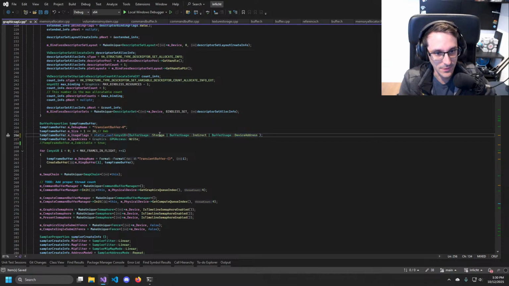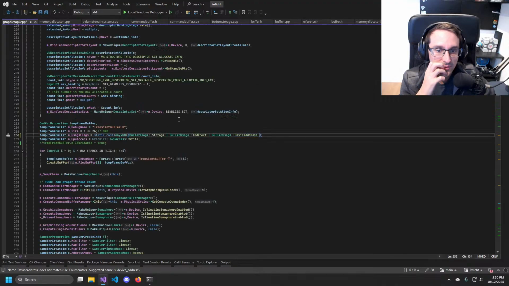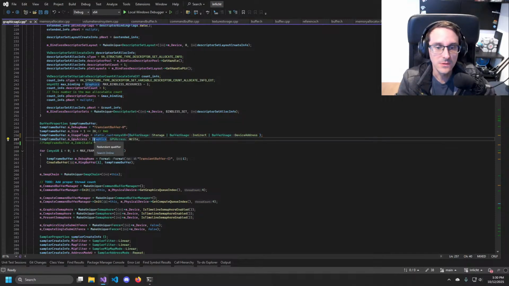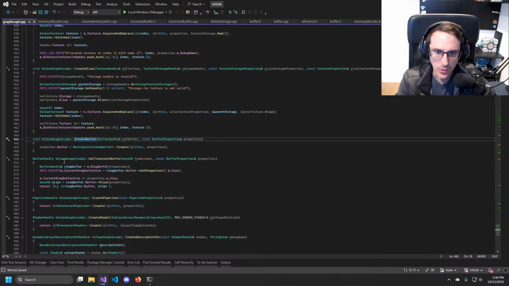It would be something like that, right? Storage, indirect, and device address. But yeah, for some reason, it doesn't really like that. I wonder why though.